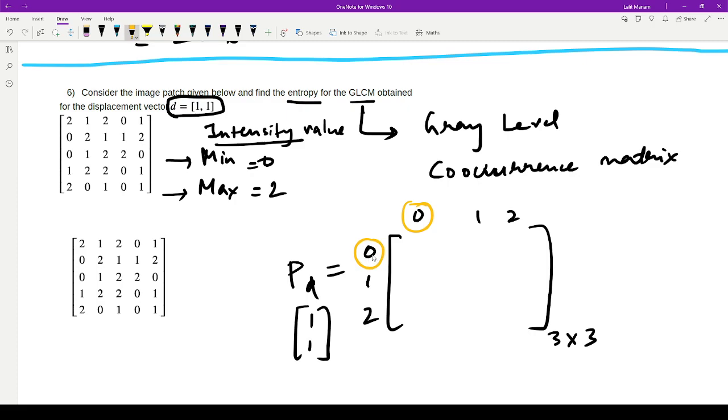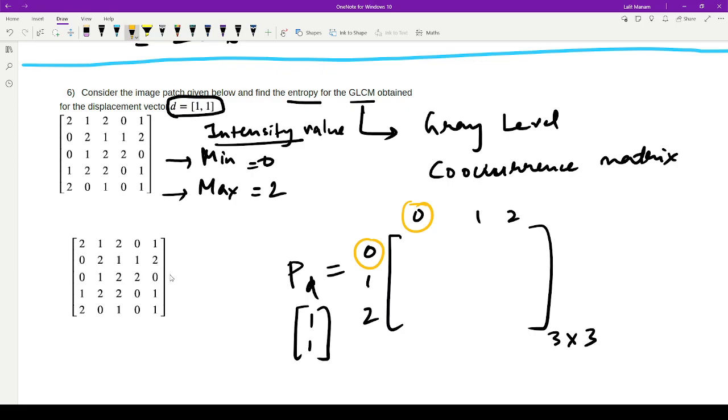So I'm fixing this 0. The first 0 I encounter is here. If I move one step towards right and one step towards down, do I get a 0? No. So this is not a pair. What about this 0? Here I don't have a 0, so it's not there. With this specific 0, we don't have a 0 here, so it's not considered. With this specific 0, it's not 0, it's not considered.